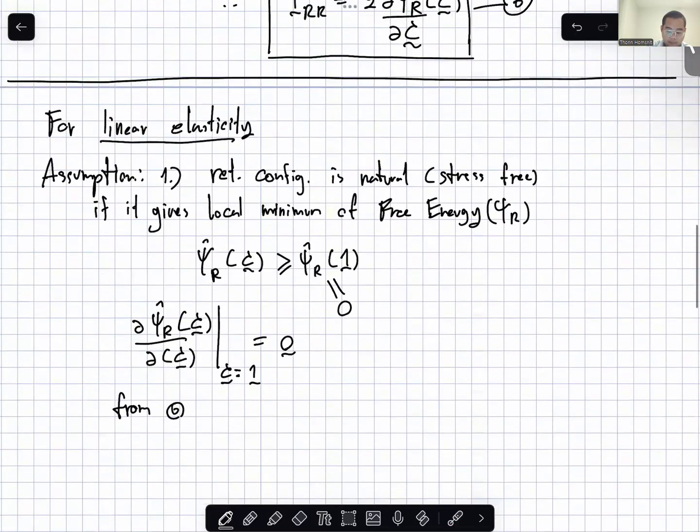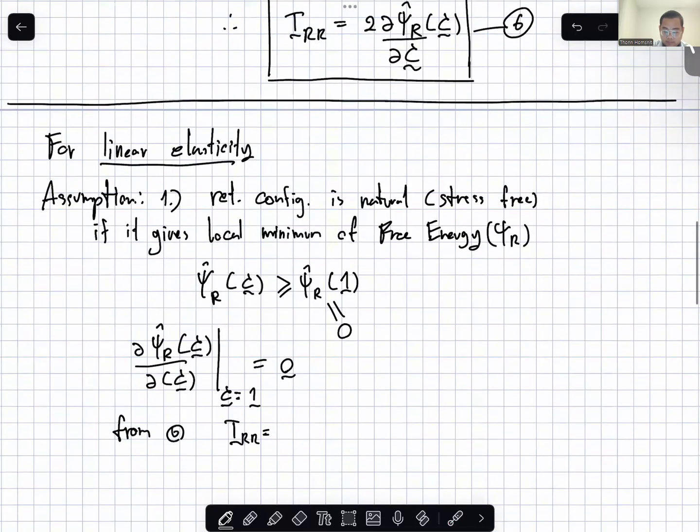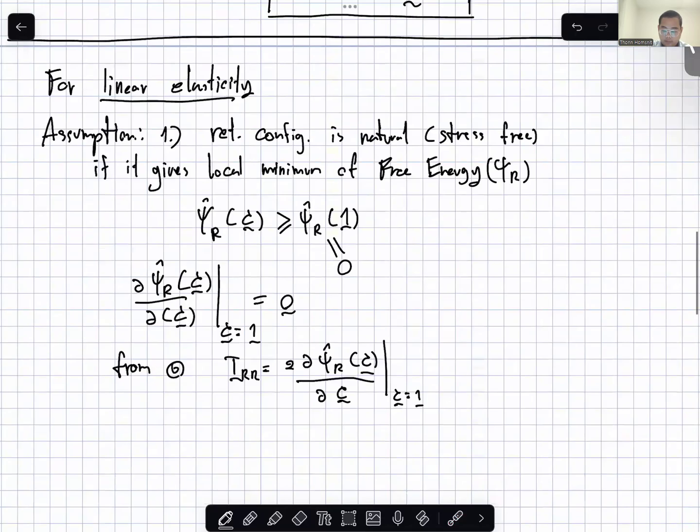The TRR is the partial derivative of the free energy with respect to C at C equal to 1. We know that this one is equal to 0 from this one. So we have that TRR is 0.